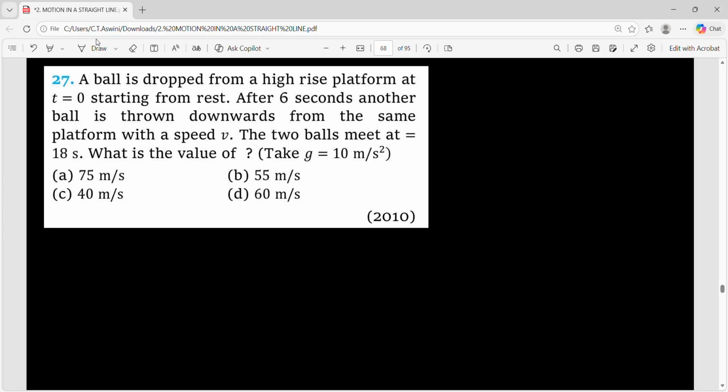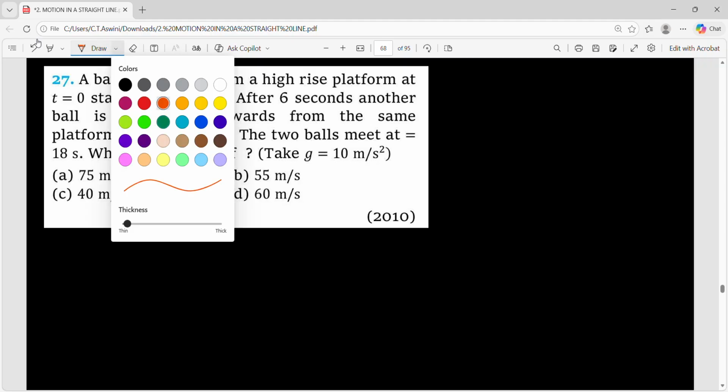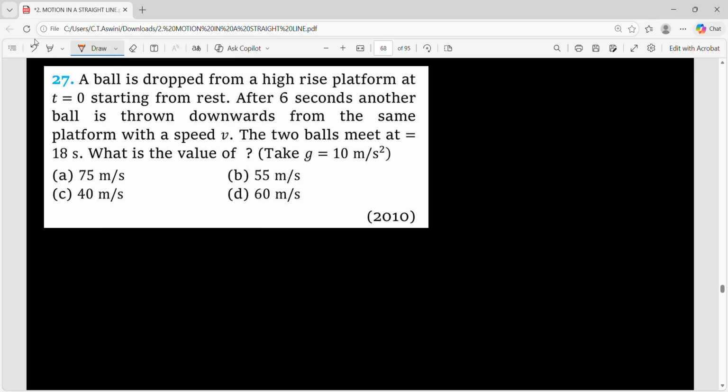Okay. One more problem, which was asked in 2010. Let's see this question. Analyze the question. A ball is dropped from high-rise platform starting from rest. That means initial velocity is 0.